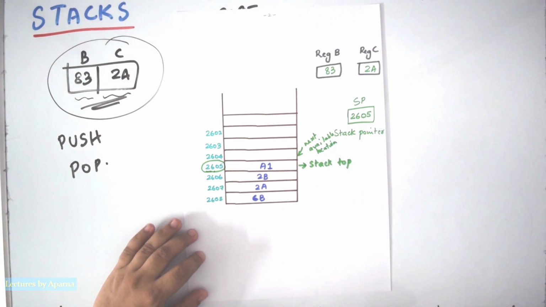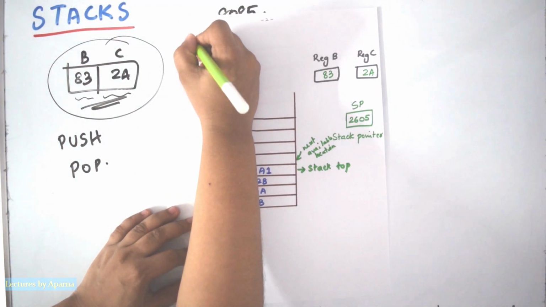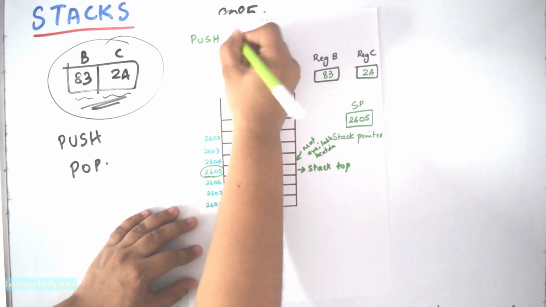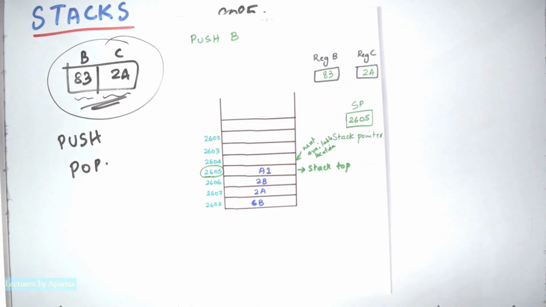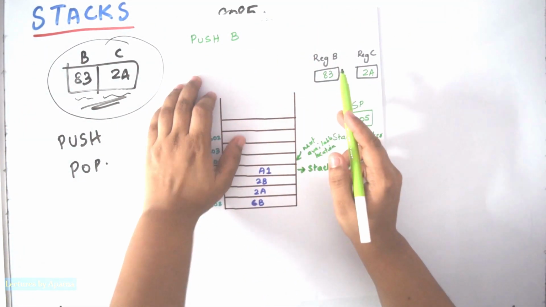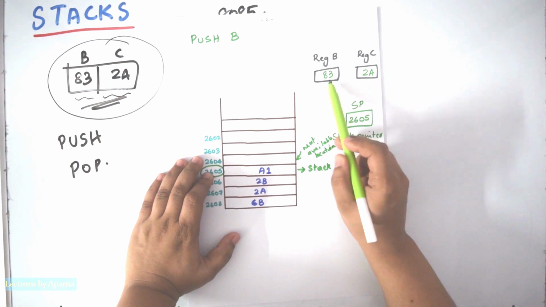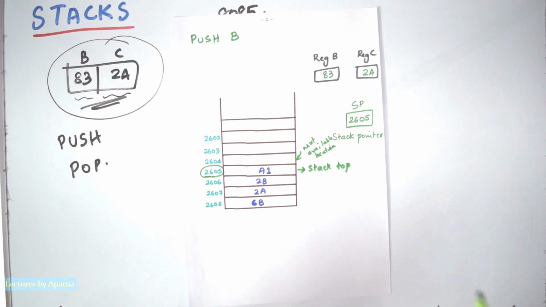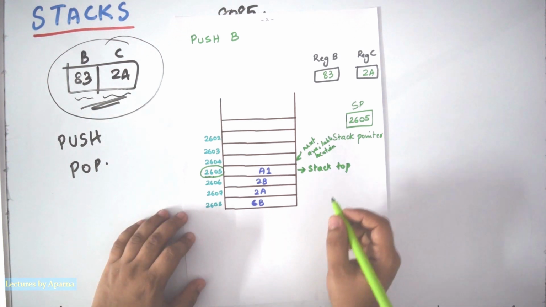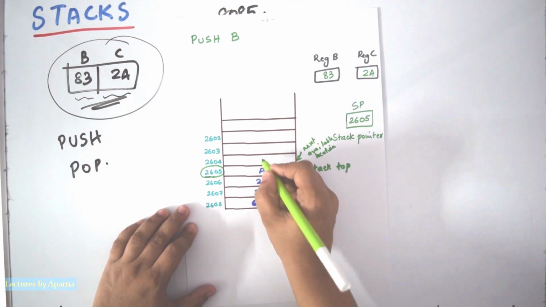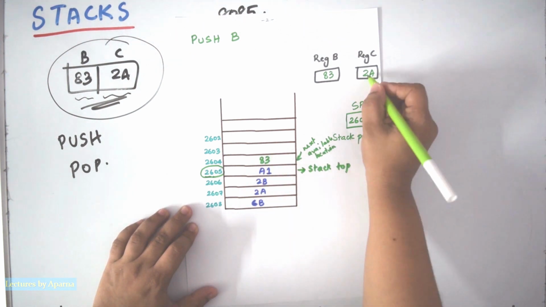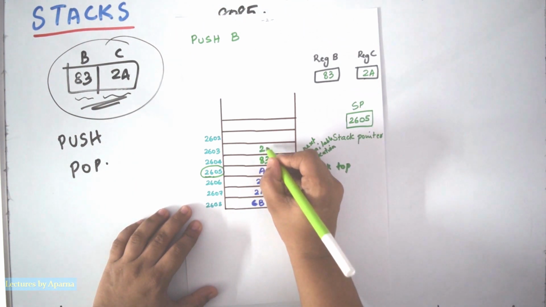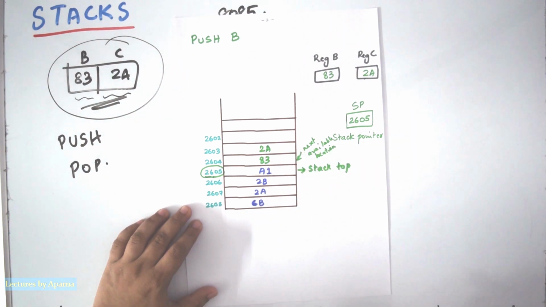So what is happening after I execute the push B instruction? Push B means that I have to push the content from the BC register pair to the stack. This 83 from B will be put into this memory location, and then this 2A will be put into the next memory location.